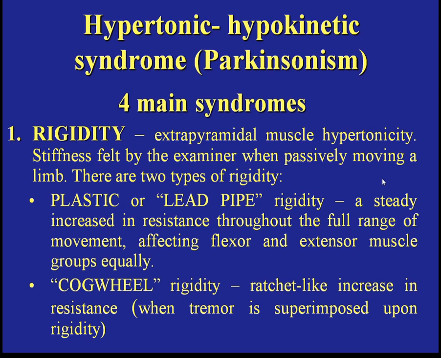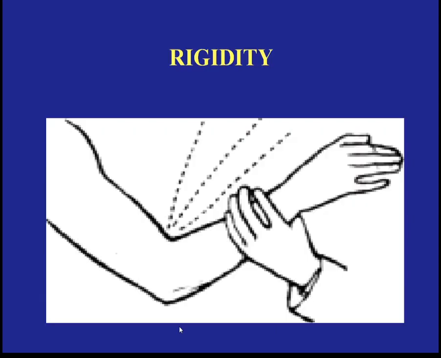In case of rigidity, patients have equal distribution of muscles hypertonicity throughout the full range of movement, affecting flexor and extensor muscle groups equally. The second is a cogwheel rigidity, a ratchet-like increase in resistance when tremor is superimposed upon rigidity, like on the picture.